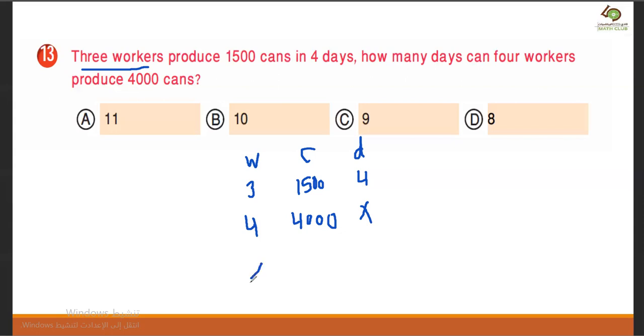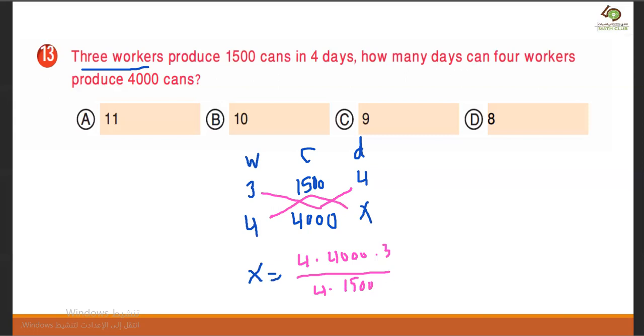I want to find X, so you multiply 4 times 4,000 times 3, divided by, that's the opposite of X, 4 times 1,500.